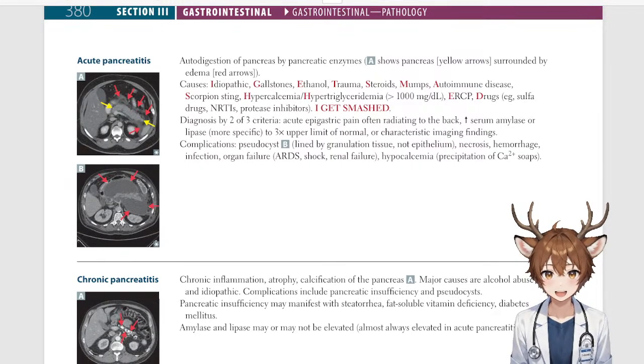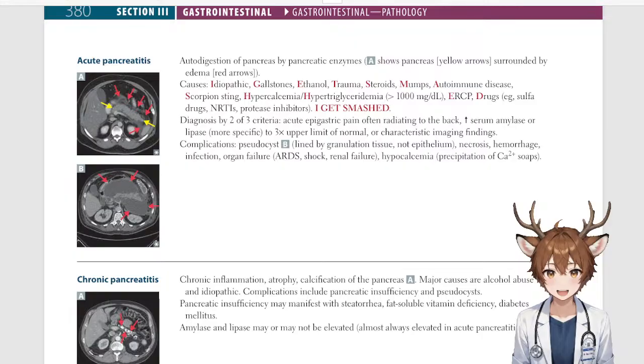Diagnosis by two of three criteria: acute epigastric pain, often radiating to the back, serum amylase or lipase greater than 3 times the upper limit of normal, or characteristic imaging findings.